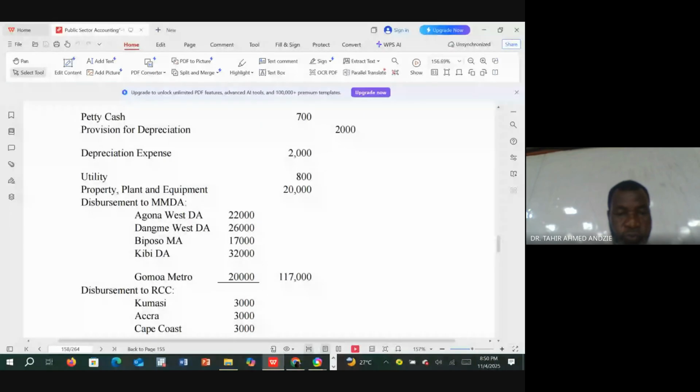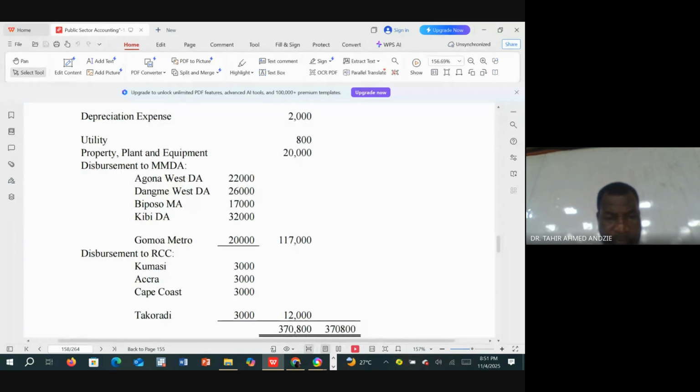Then we have distribution to the various MDAs. We have Aguna District, where we distributed 22,000. Is it Gomoa West? This is Gomoa West District. We have 26,000. Then Biposo MA, we have 17,000. Then KB or Kibi DA, this assembly, we have 30,000. Then Goma Metro.